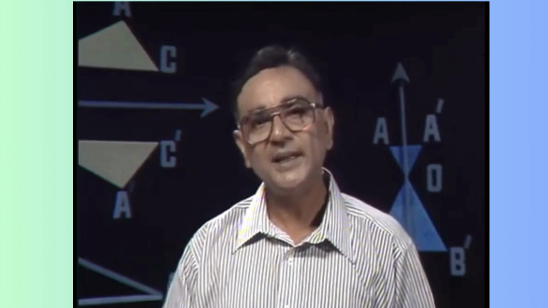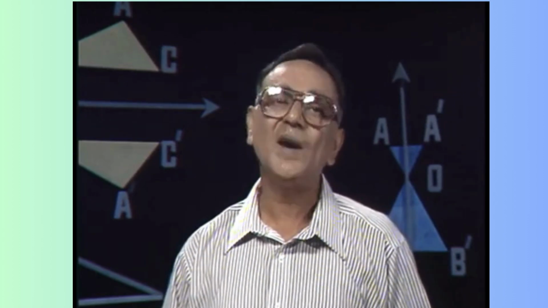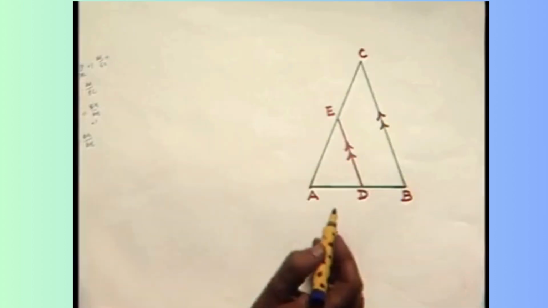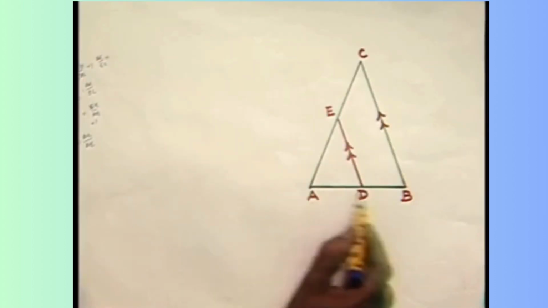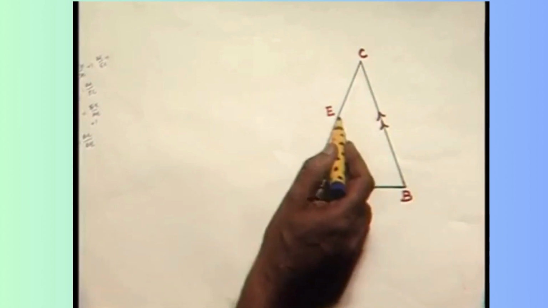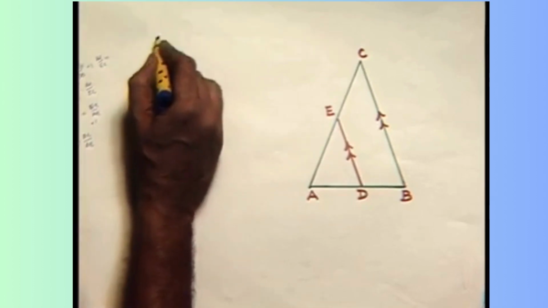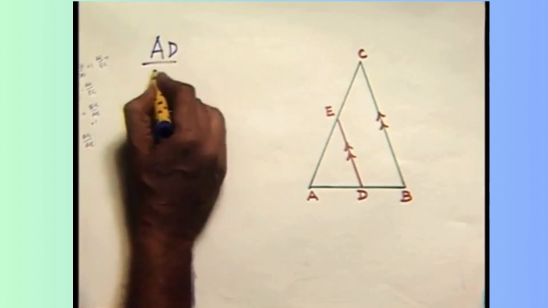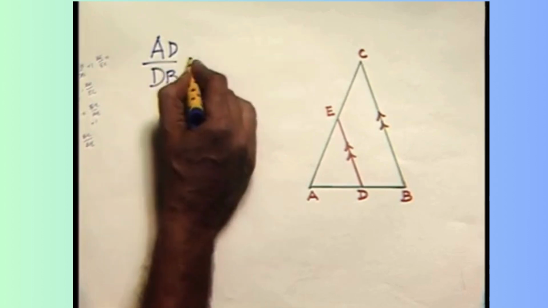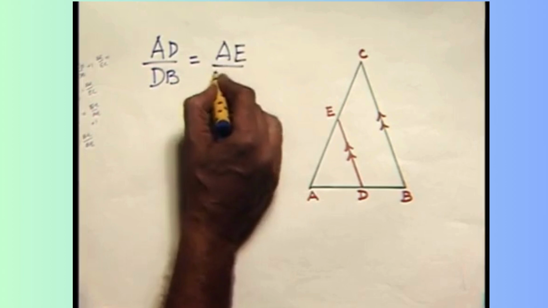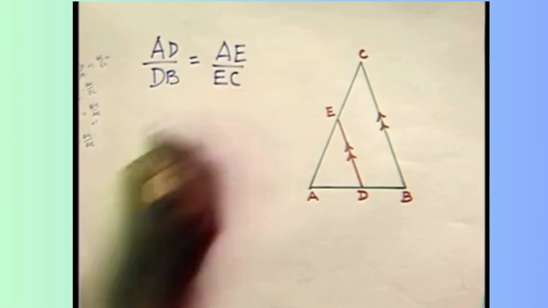I'll repeat that theorem again: in case a line is drawn parallel to any side of a triangle to intersect the other two sides, then it divides the other two sides proportionally. Now here in this figure, again triangle ABC is there and DE has been drawn parallel to the side BC. So according to Thales theorem, what do we get? AD upon DB equals AE upon EC.